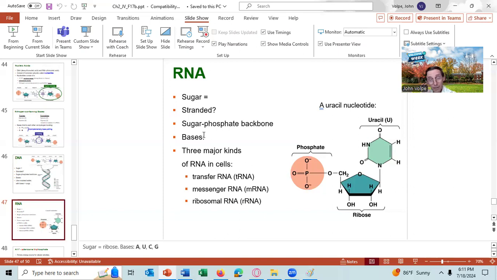So what's the difference? Anyone have a guess? All right, the only difference between tRNA, messenger RNA, and rRNA is the sequence of nucleotides. If the sequence is in the sequence for a tRNA, then we call it a tRNA. If the sequence is in the rRNA, then we call it rRNA. And both tRNA and rRNA only have a handful of genes which make the tRNA or the rRNA.